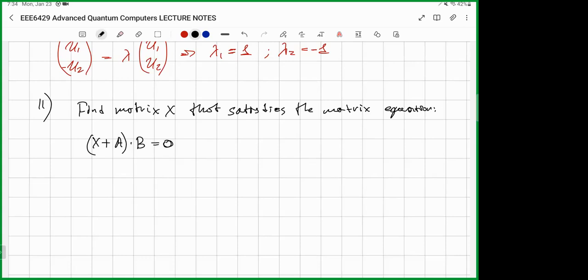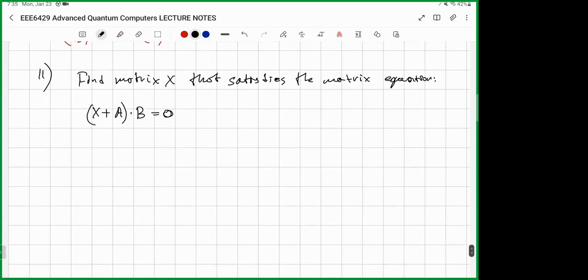So here X, A, and B are matrices. And in your homework assignment, you have some specific matrices for this A and B, and this equation is different. But now I just wanna show you an important point here.